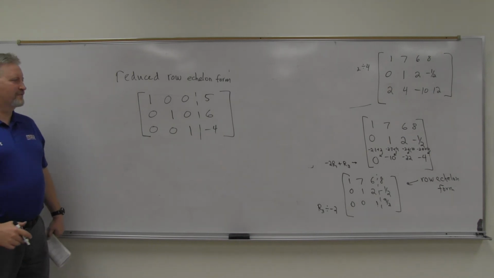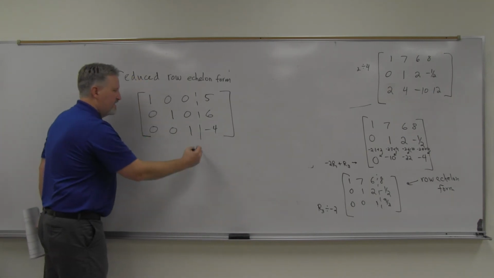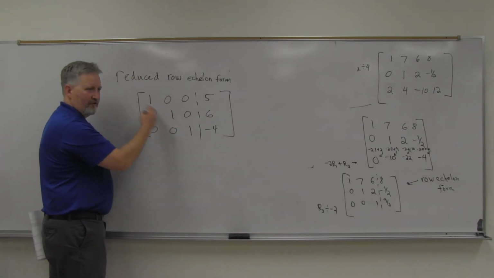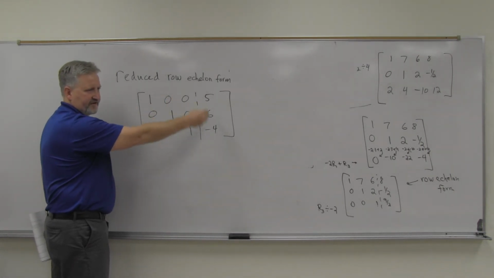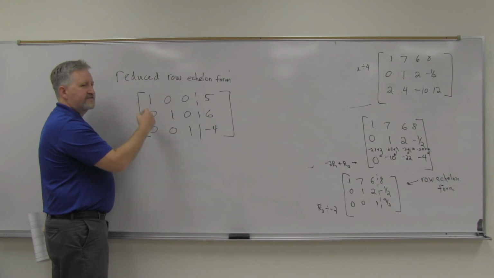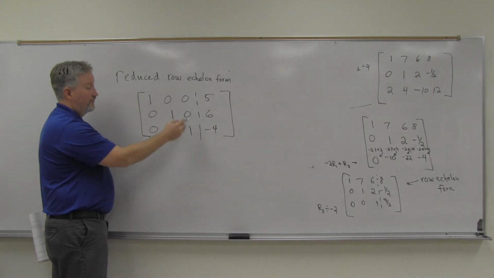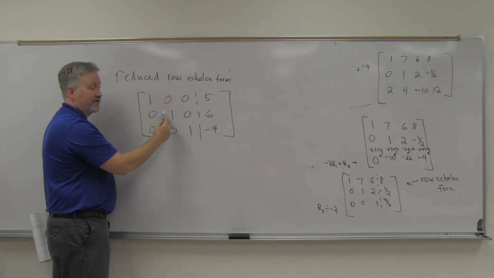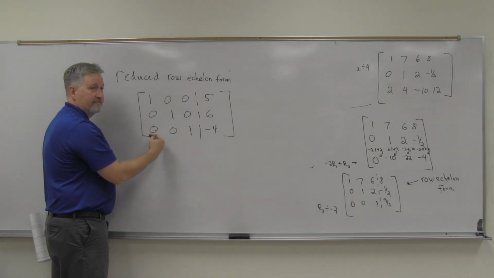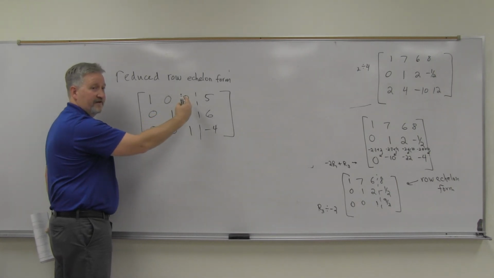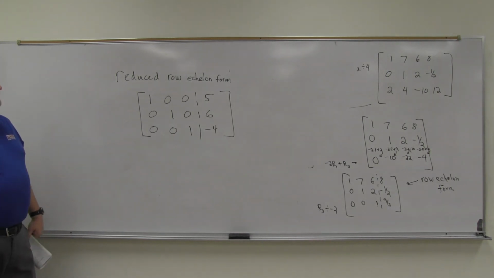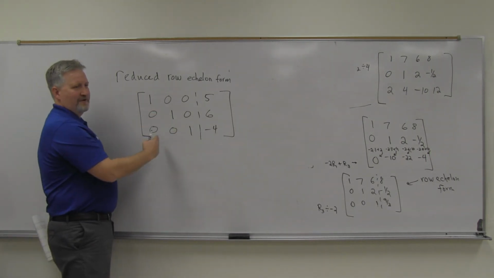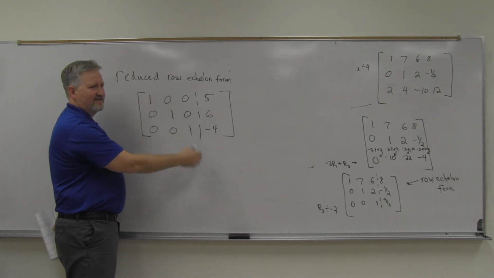Reduced row echelon form has the diagonal as 1s, but everything else, besides the constants over here, is zeros. The ones off of the diagonal are zeros. So not only do you have zeros below the diagonal, you've got zeros above. See what I'm saying? That's reduced row echelon form. And as you can tell, if you've got reduced row echelon form, you've got x, y, and z specified.